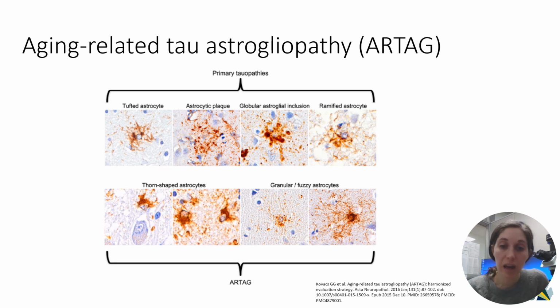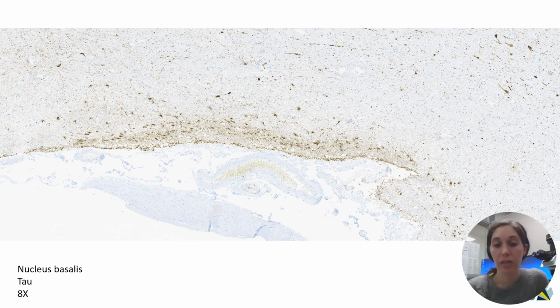What you can see is that in ARTAG, instead of having these long processes of tau coming out from astrocytes, you have what we call thorny astrocytes, where the tau is mostly in the cell body. And then there's this other morphology where they're fuzzy, instead of having these well-formed projections. All right, so this is a very classic look for ARTAG.